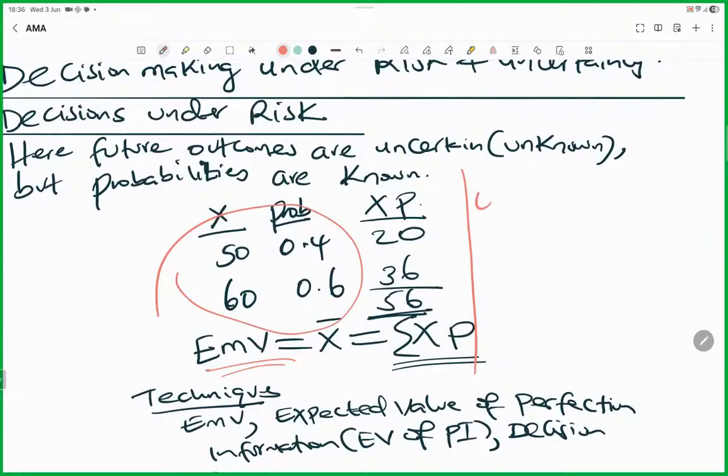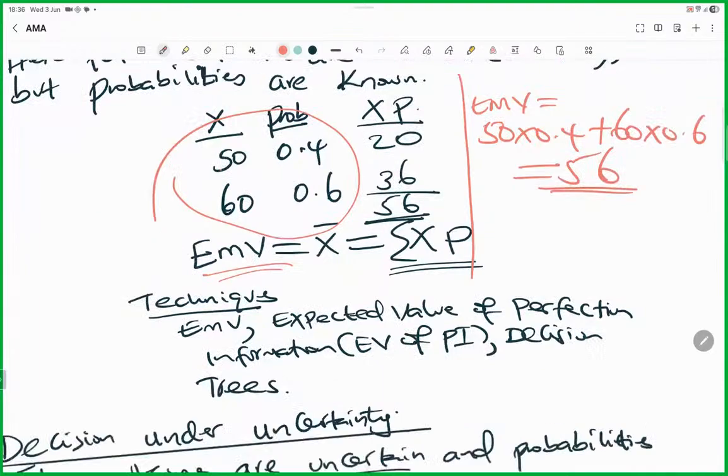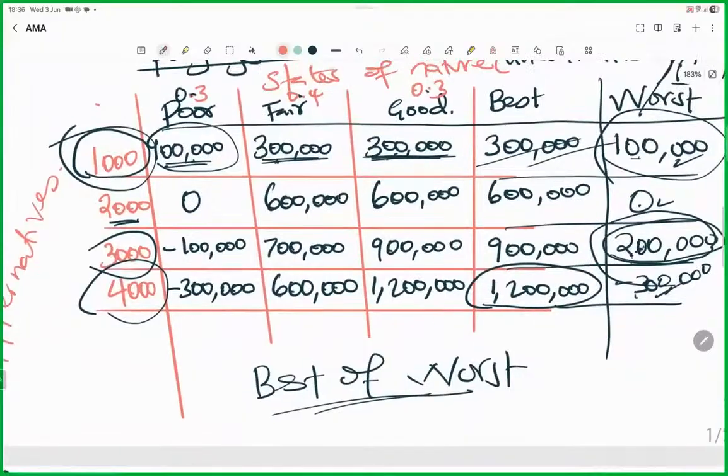We said you take 50 times 0.4 plus 60 times 0.6, so we get 56. That's exactly what we are doing here. If you look at, for example, 2,000 sandwiches, we have these payoffs, and you take these payoffs times their corresponding probabilities.